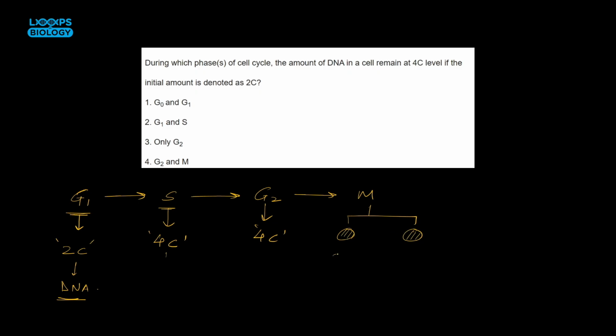So these 2 cells will contain 2C amount. So there is basically division of this 4C content inside the M phase. But as we are talking about the complete phases, after completion of M phase, there will be 2C content.